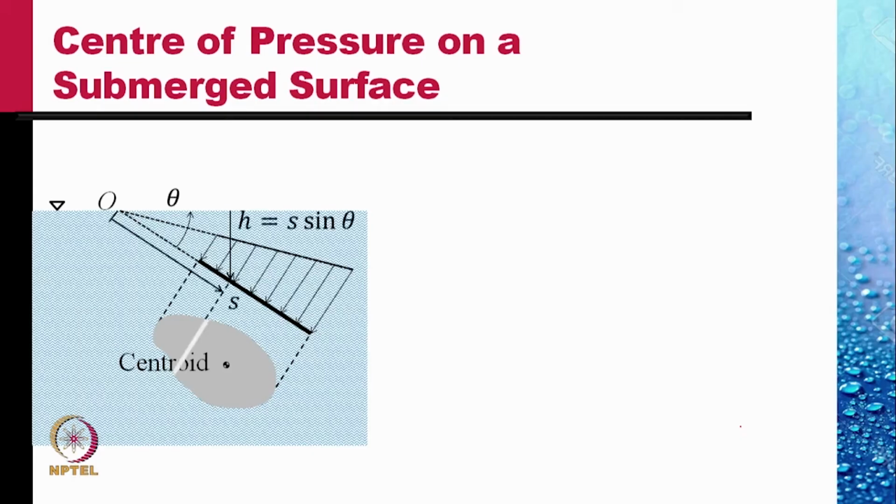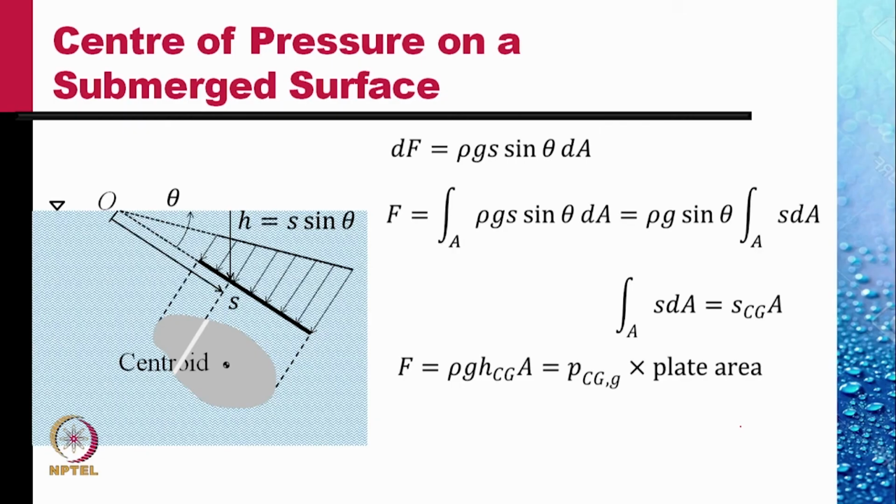If we measure s, the distance from the free surface along the slope of the plate, at any location s, the depth from the free surface is s sine theta. And the force on a strip of width ds on the surface would be rho g s sine theta into the area dA of that strip.